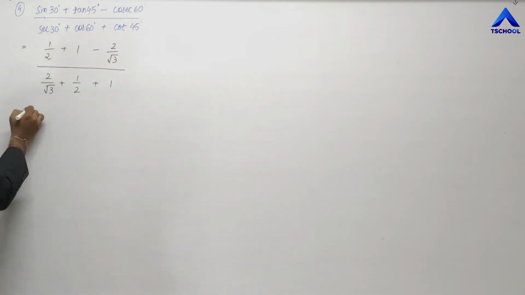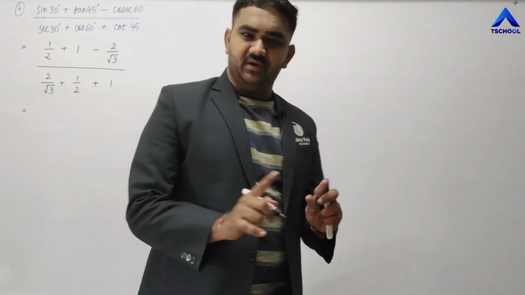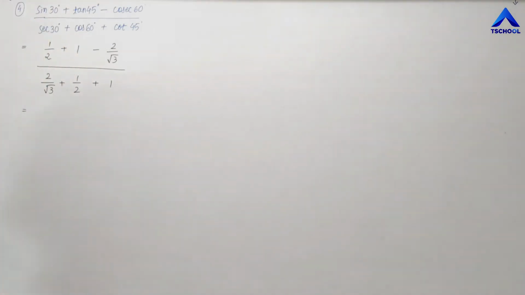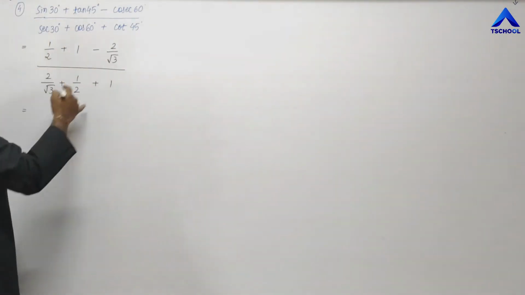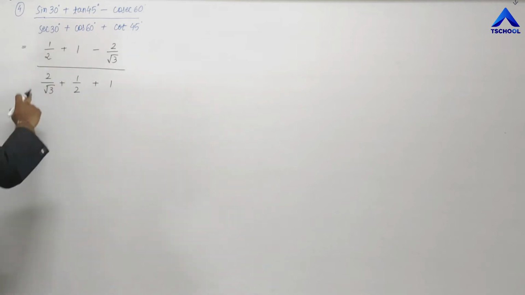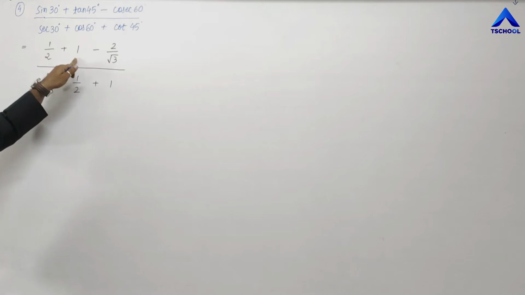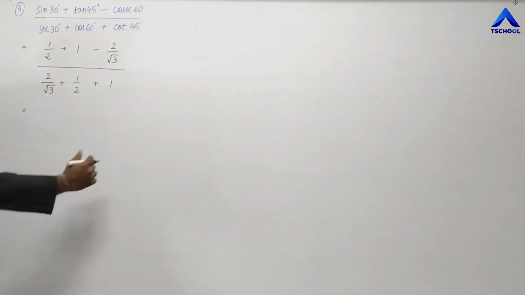Let us simplify. So first of all, we are going to take the LCM in the numerator and in the denominator, but we will take it differently. In the numerator, the LCM is 2 root 3, because in the denominator of 1, we are not having anything. So we will take that as 1.